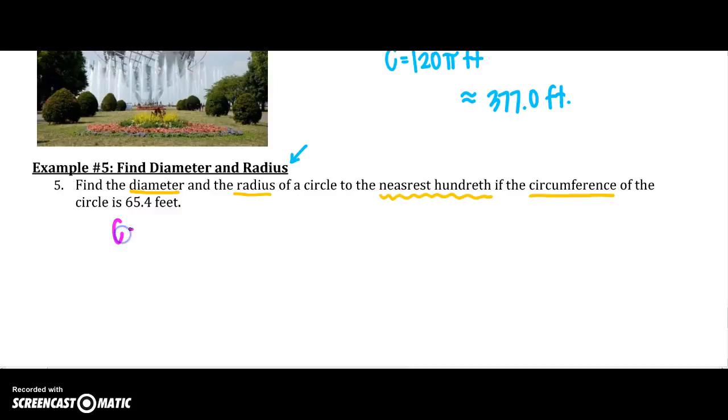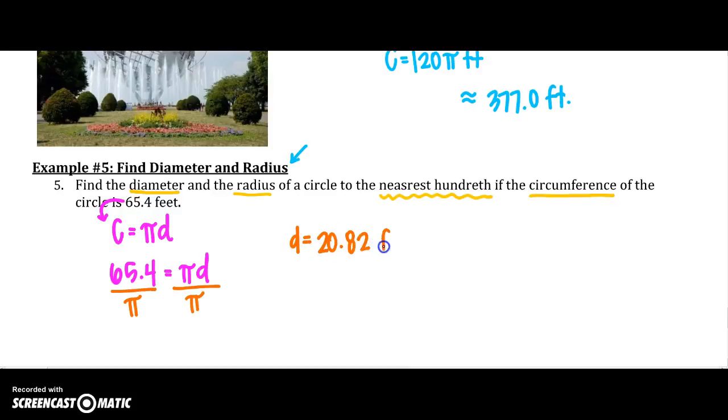Alright, so my circumference equals, you can either solve for your radius first or your diameter, so we'll go pi times my diameter. So I'm just going to plug this into my C, so 65.4 equals pi times my diameter. Remember that pi is a number, so I'm going to divide both sides by pi. So go ahead and use your pi button. So your diameter is going to equal 20.82 feet.